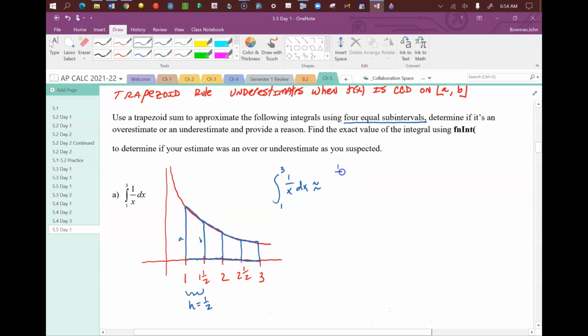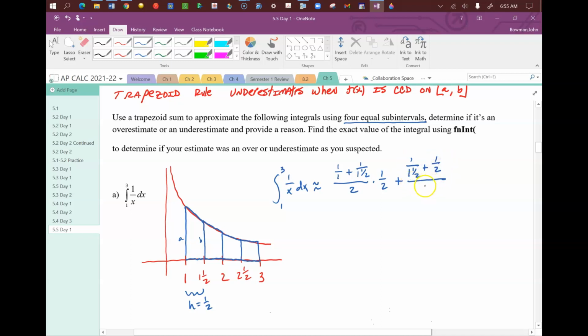So 1 over 1 plus 1 over 1 and 1/2 all over 2. That's A plus B divided by 2 times the height of 1/2, plus 1 over 1 and 1/2 plus 1 over 2.